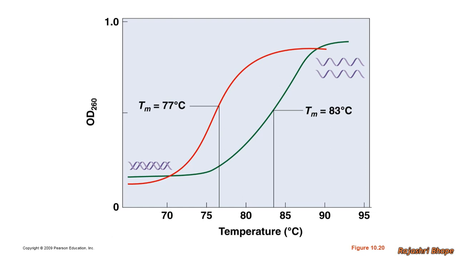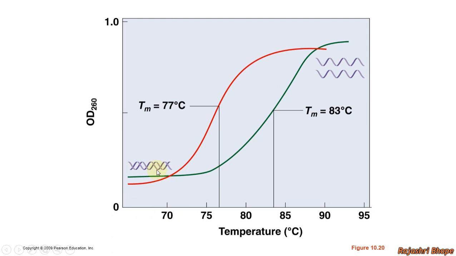Okay, the reverse case is also possible. Now here you have two separated single strands. When you allow the same solution to cool, after some time you will again get double-stranded DNA. Each strand will try to find its match by pairing with complementary bases, and then double-stranded DNA is formed as the solution cools down.